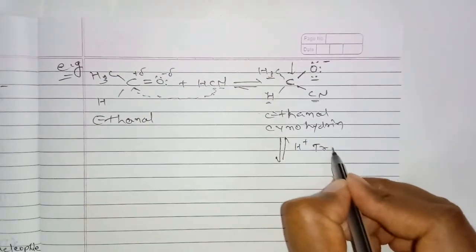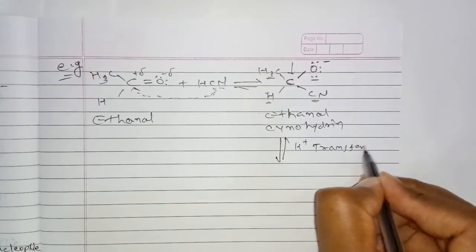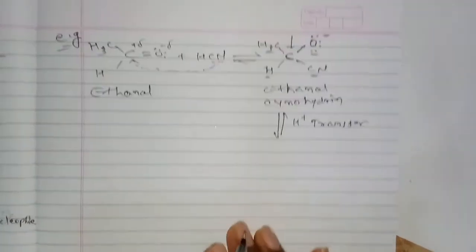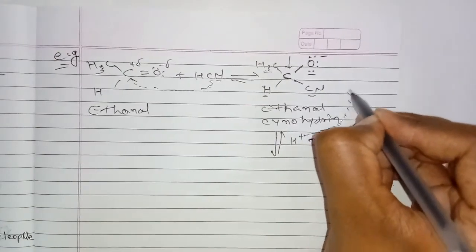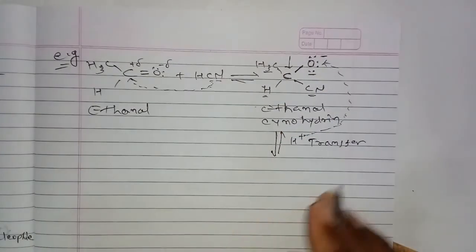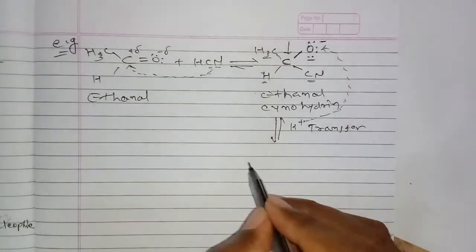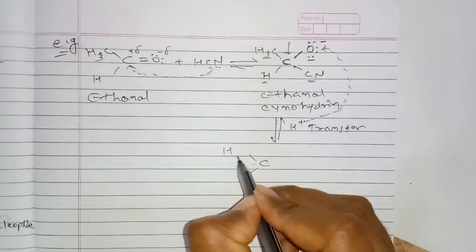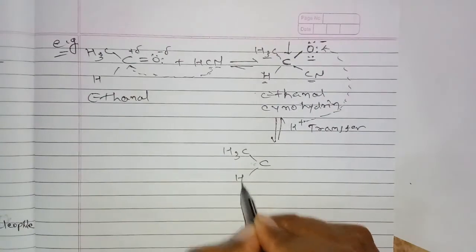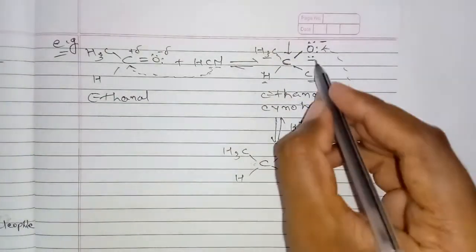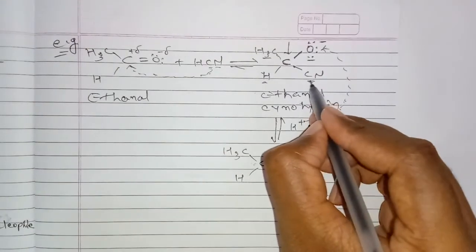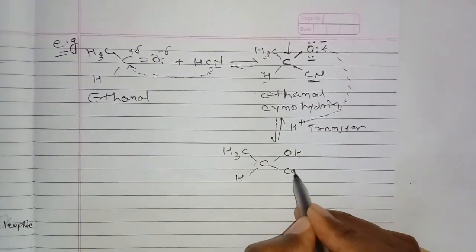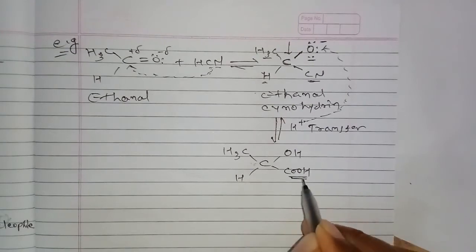Proton transfer. This H plus will attach with the oxygen: CH3, CH will be the same, and here OH, and this cyanide is converted to COOH.